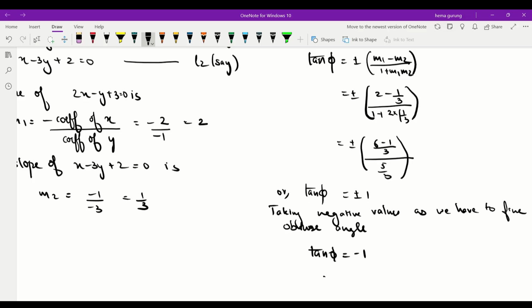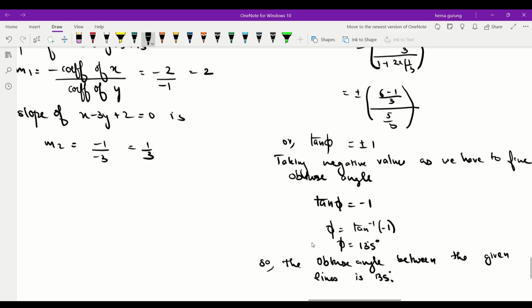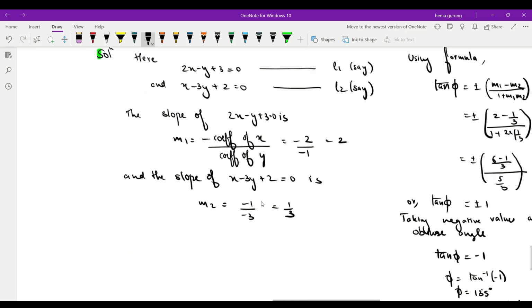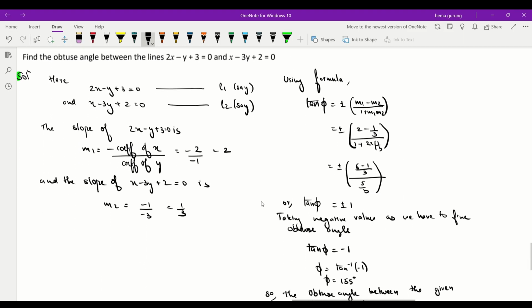Which can be written as phi equals to tan inverse of minus 1, which is 135 degree. So the obtuse angle between the given lines is 135 degree. If it was acute, we'd keep the positive. That's how we did it, the obtuse angle between the two lines.